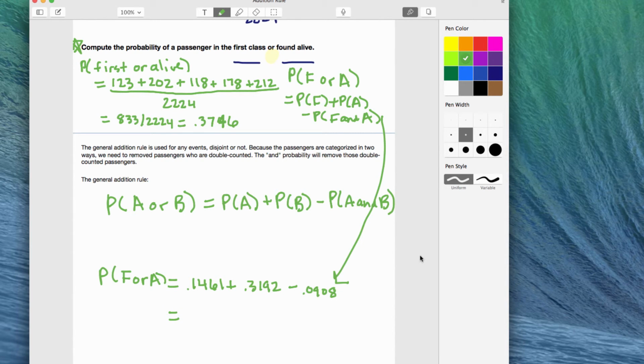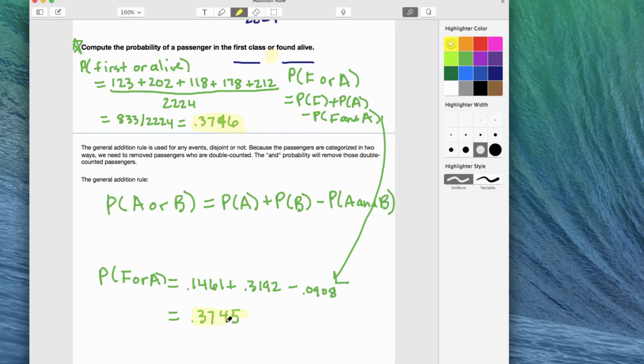So let's go to the calculator, add this up. 0.1461 plus 0.3192 subtract 0.0908. And we got 0.3745. So compare our answers. When we used our intuition, we got 0.3746.